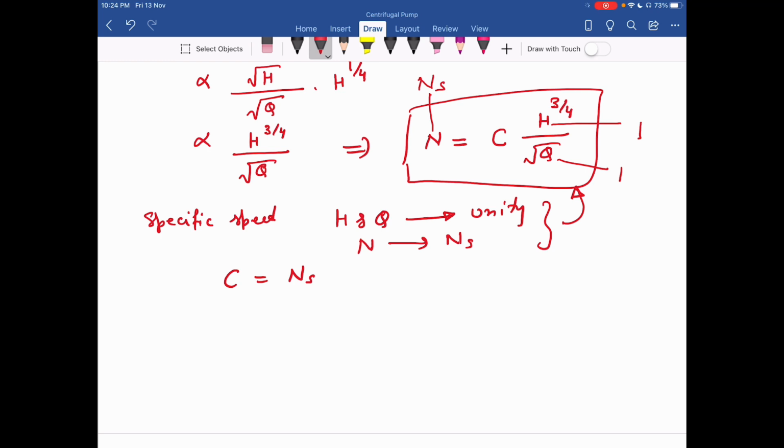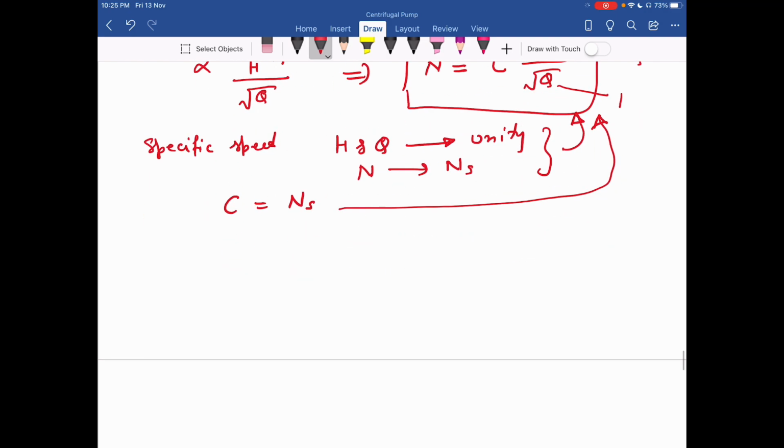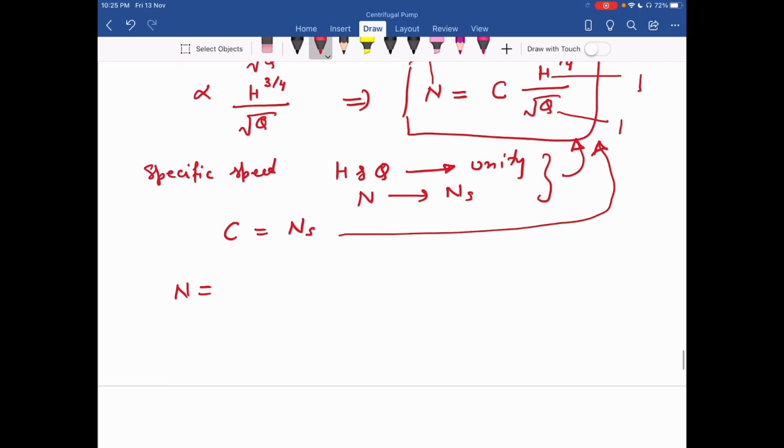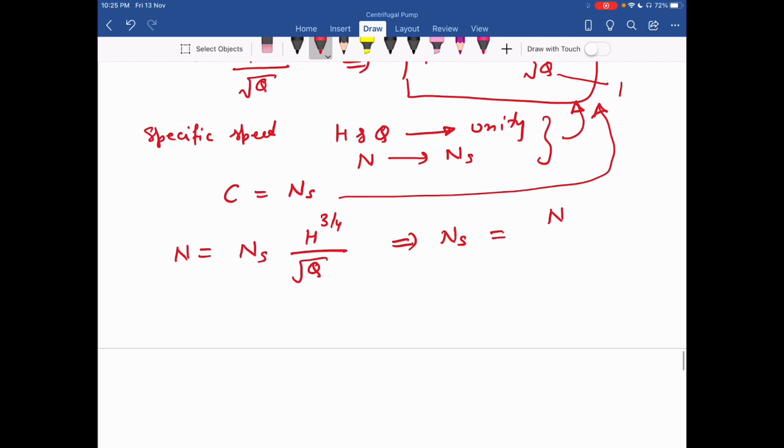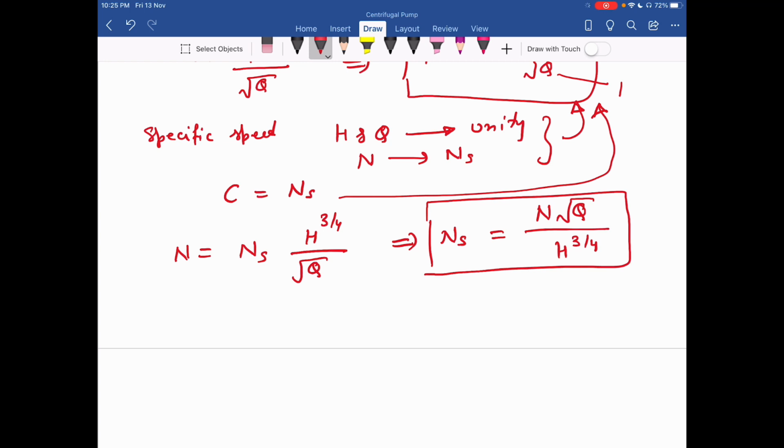So put this value of the constant into this formula. Now I can write N is equal to Ns times H raised to the power 3 by 4 divided by the square root of Q. So now you can write Ns is equal to N times the square root of Q divided by H raised to the power 3 by 4. So this is the formula for the specific speed of a pump.